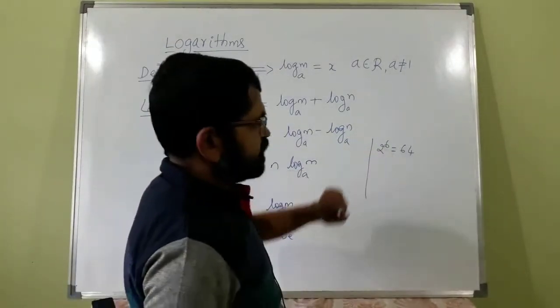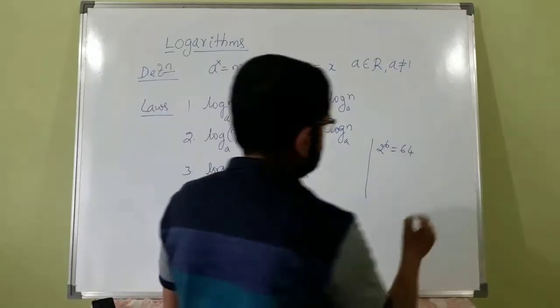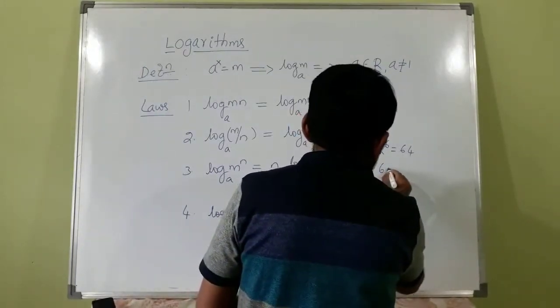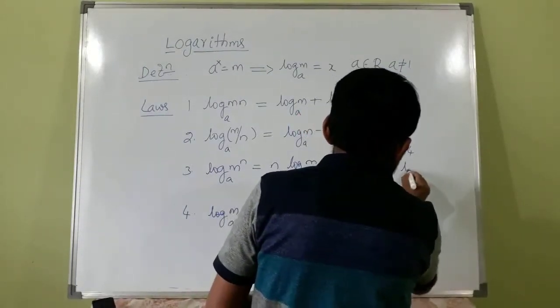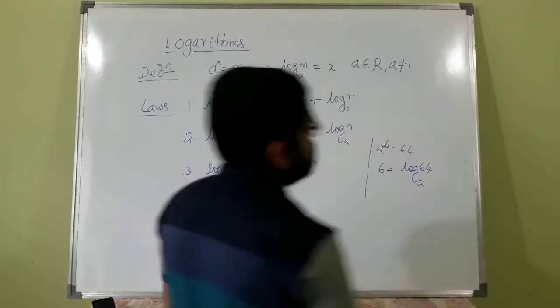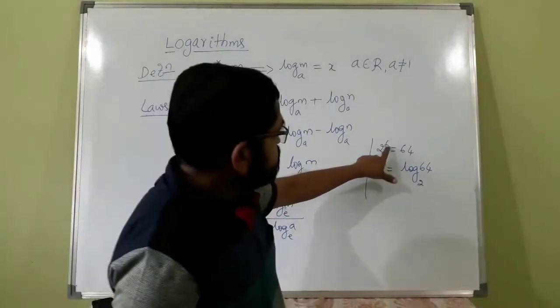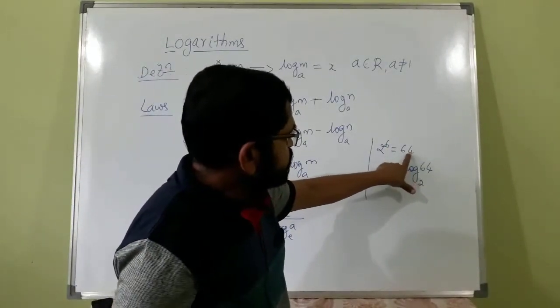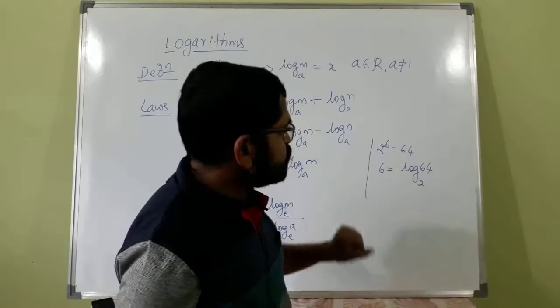The value of this index can be found out by taking the log function to the base 2 like this. 6 is equal to log of 64 to the base 2.